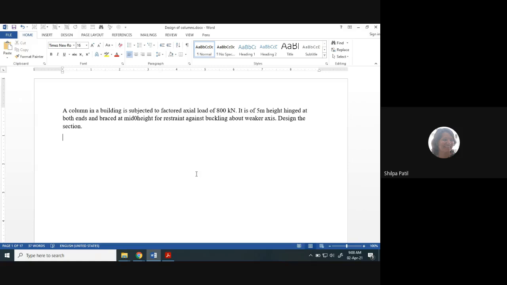There is no question of selection of section because the section has been given in the problem already. So for the given section, you find the effective length, the buckling class, then based on these values the slenderness ratio, then the FCD value.